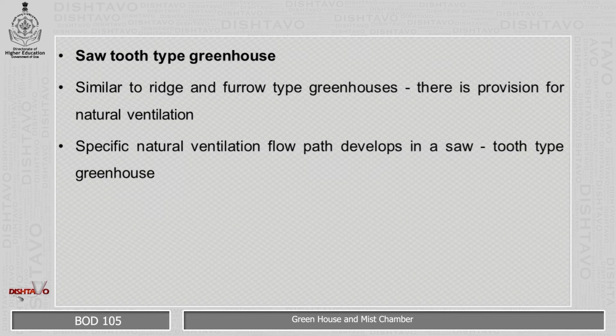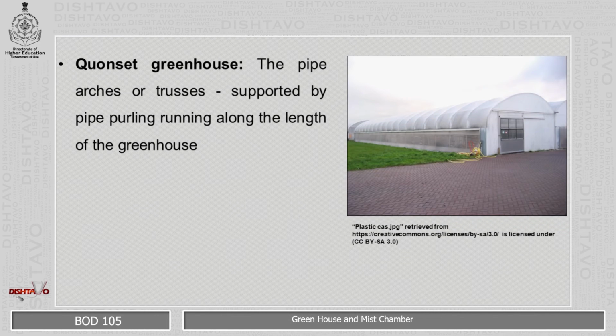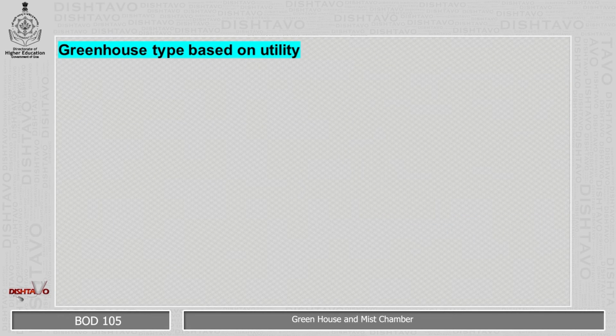Therefore, a specific natural ventilation flow path develops in a saw-tooth type greenhouse. Quonset greenhouse, the pipe arches or trusses are supported by pipe purlins running around the length of the greenhouse. The covering material used in such type of greenhouses is polythene.